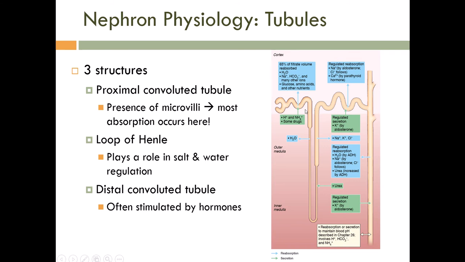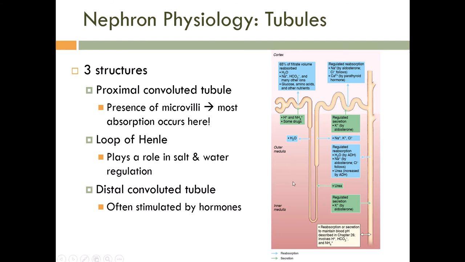Again, anything useful that was filtered out, but we want to keep: water, bicarbonate, any nutrient, maybe sodium or something like that to help our heart, brain, and nerve function. Pretty much anything that your body can use that we don't want to lose, your body will reabsorb. And so the proximal convoluted tubule has a ton of little finger-like microvilli to create more surface area to allow more reabsorption to take place.